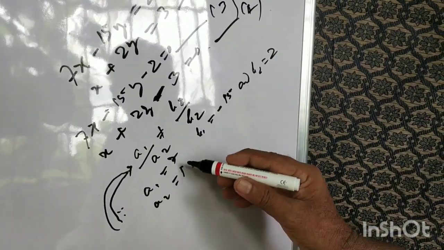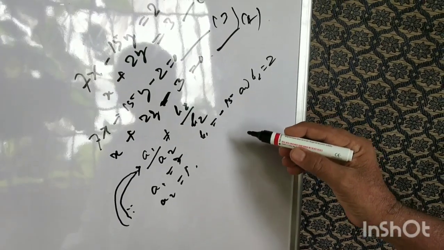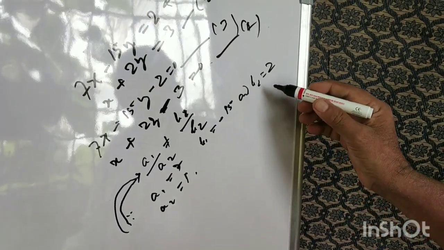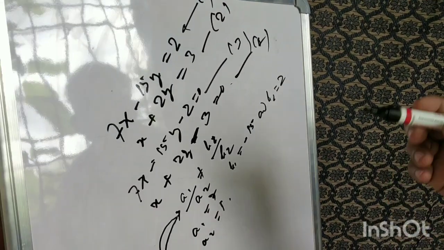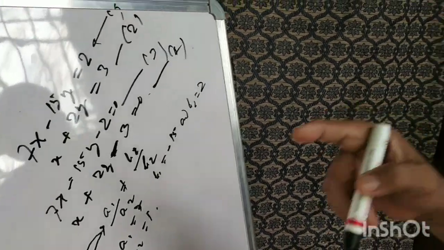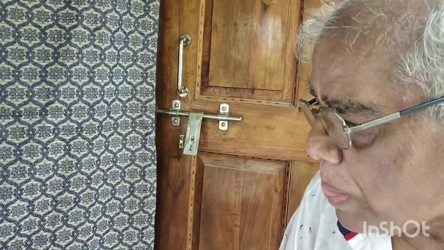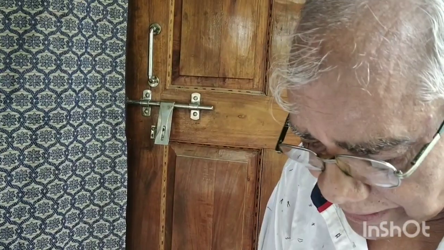A1 upon A2, 7 by 1, is not equal to minus 15 by 2. So, evidently, the pair of linear equations representing straight lines must intersect at a single point to give a specified or unique solution. And we proceed in this manner.